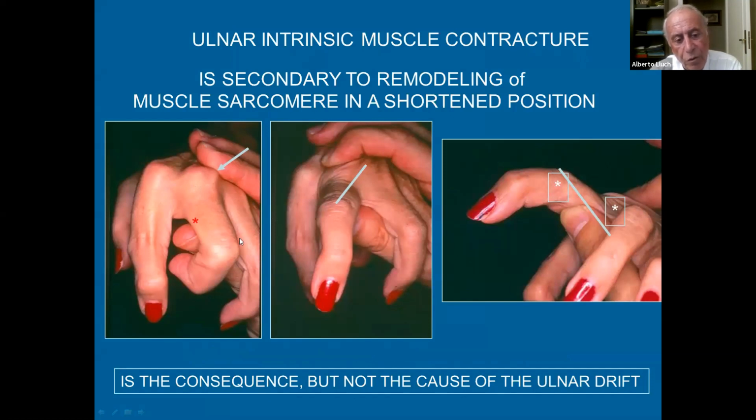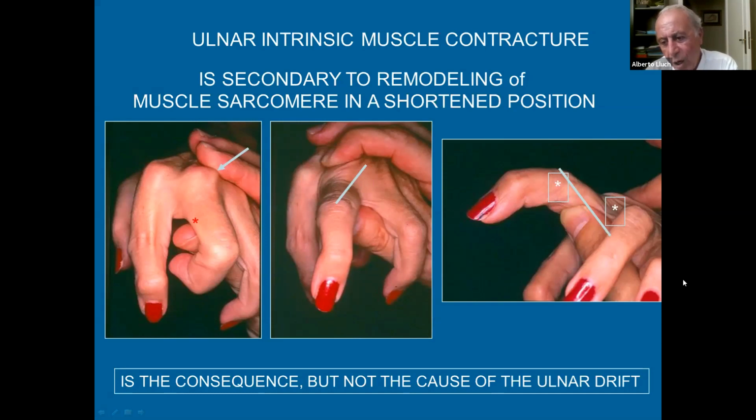So the way to test it is by putting the finger, the MP joint, in extension, and we pull on the intrinsic muscle, and then the patient in this position will not be able to flex the PIP joint because the intrinsic muscle prevents the PIP joint from being flexed. Maybe we can see it better here.